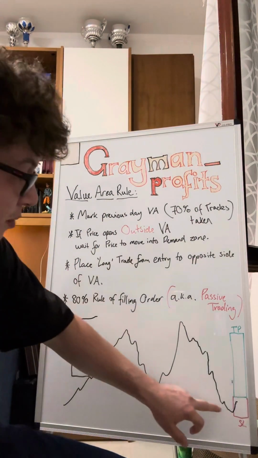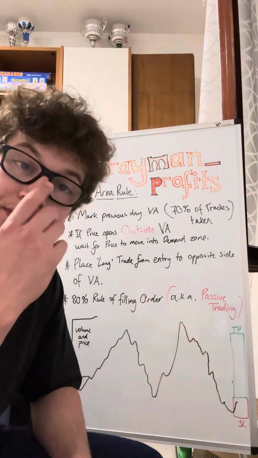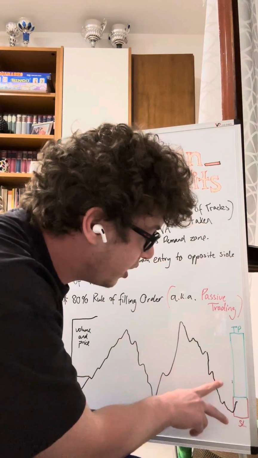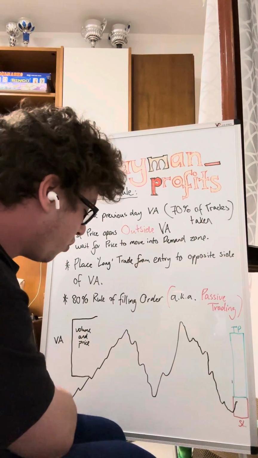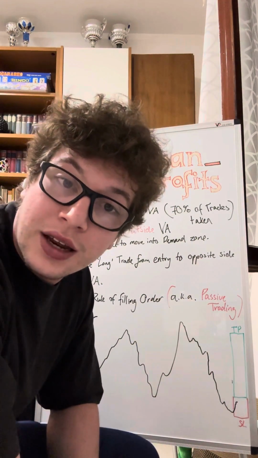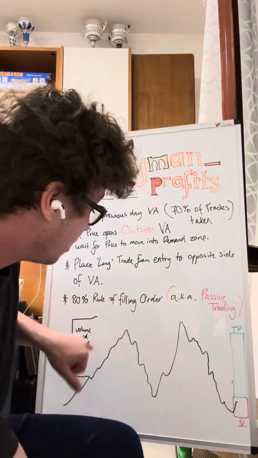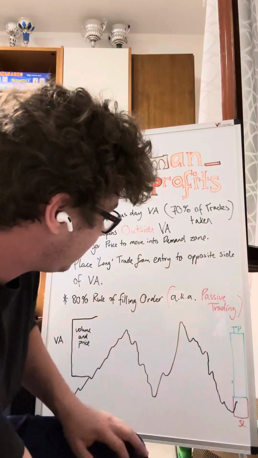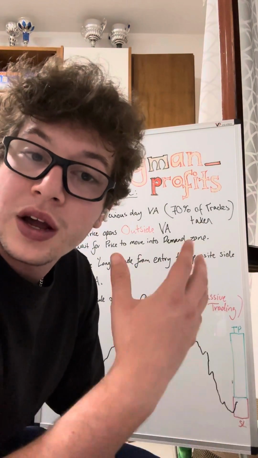We realize that price has dropped outside of this demand zone. So, we place a long, and let's say that we put our stop loss at the lowest low of yesterday. And you wait for price to reiterate into this demand zone, and you put a TP, let's say, at the highest movement of yesterday.